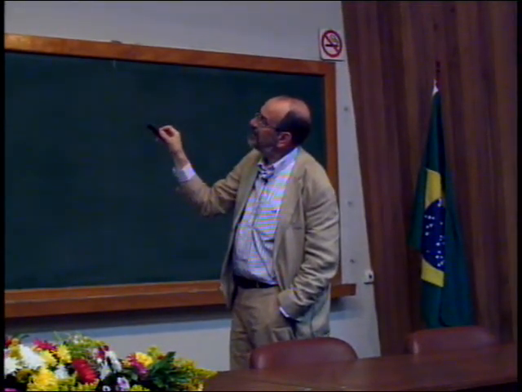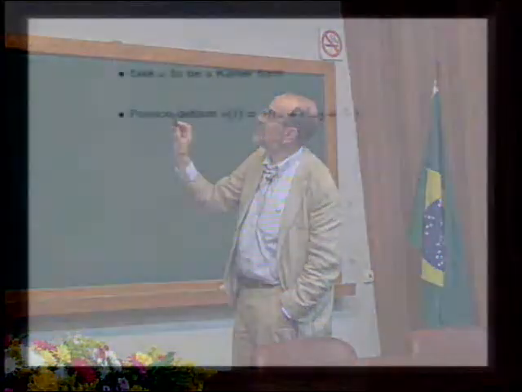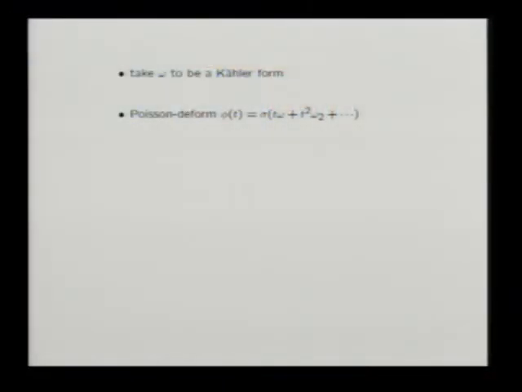But in fact, if I look at what we've been talking about today, what happens is that if you start with the 1-1 form to be real, to be a Kähler form, and you do this Poisson deformation, then what you find is that this tensor here, which gives you the deformation of the complex structure, is built out of the Poisson structure and another form here.